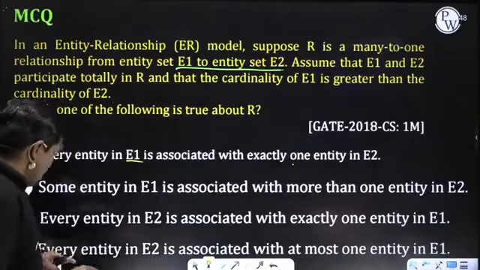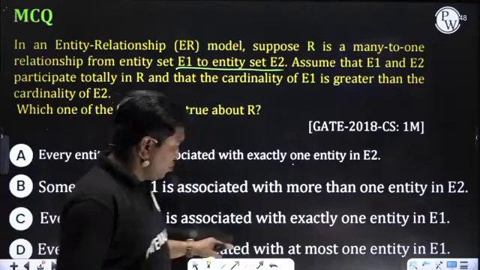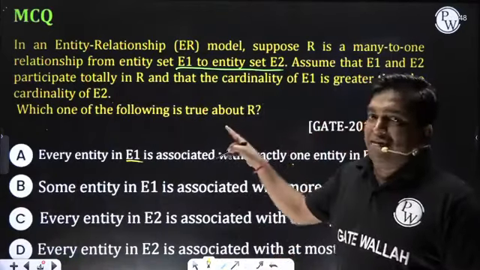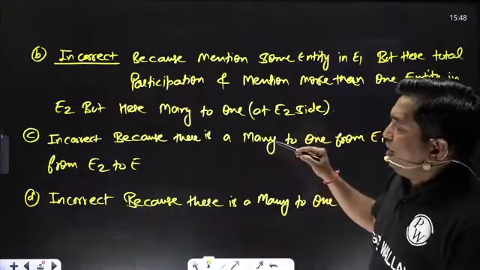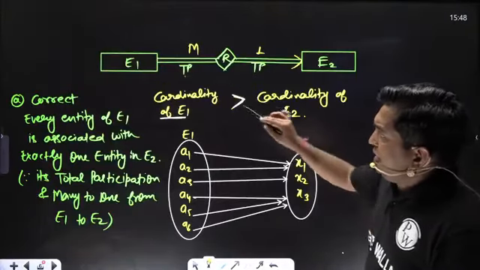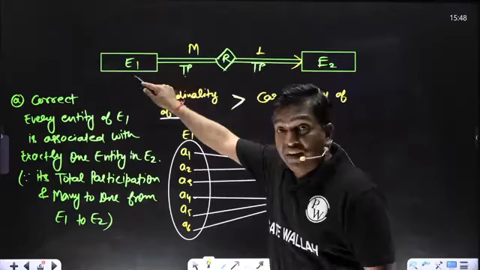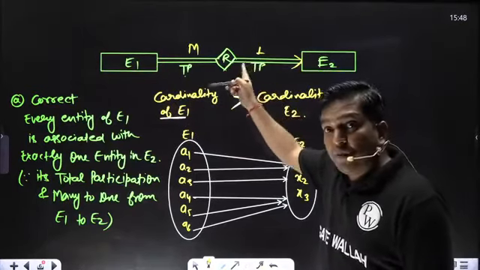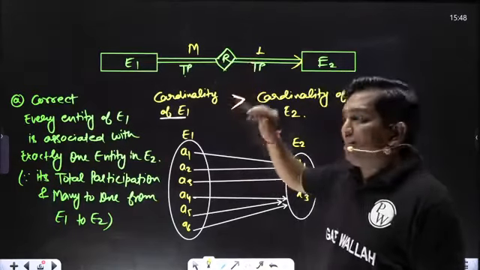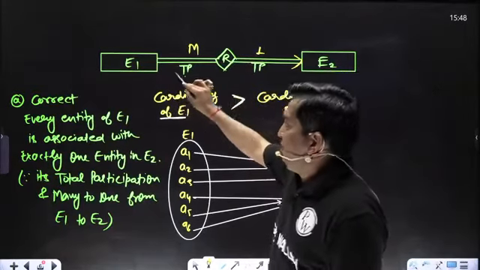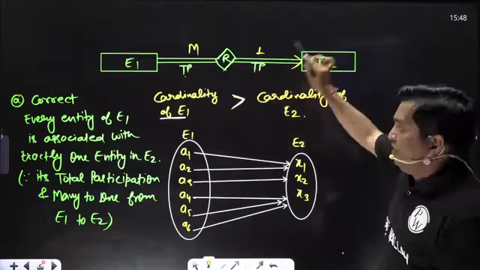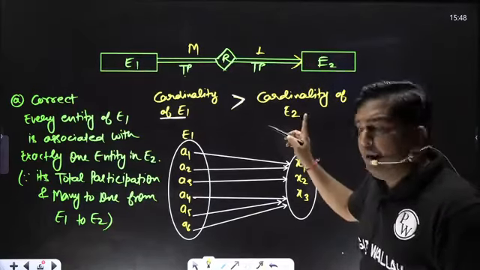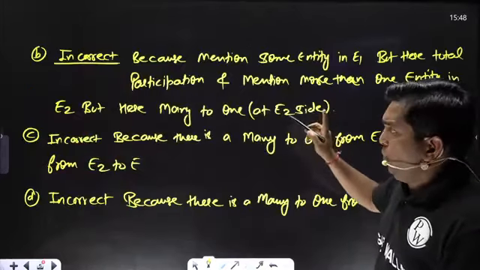It is saying every entity in E2 is associated with at most one entity, meaning from E2 it is saying. But what is actually happening here, my dear student? Every entity of E1 is associated with, not at most, exactly one entity of E2, because it is total participation and a many to one participation from E1 to E2, my dear.